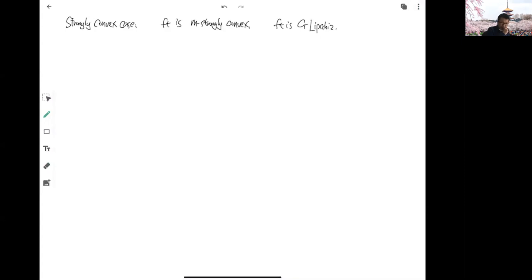In this case, we actually don't need the boundedness of the domain. D doesn't have to be bounded.